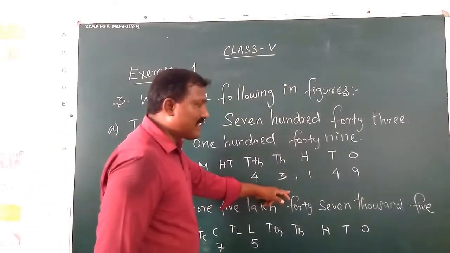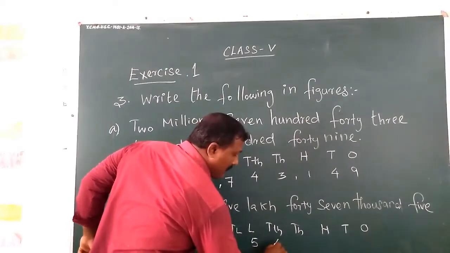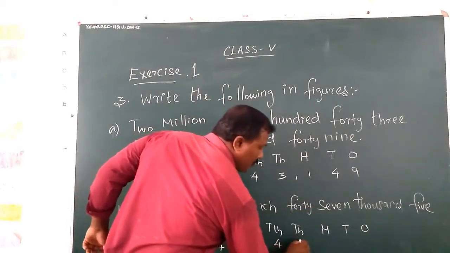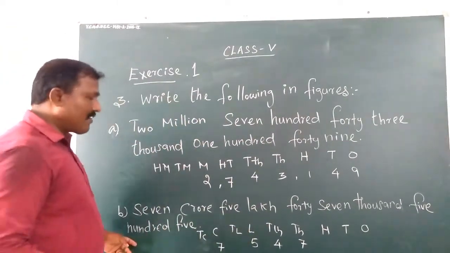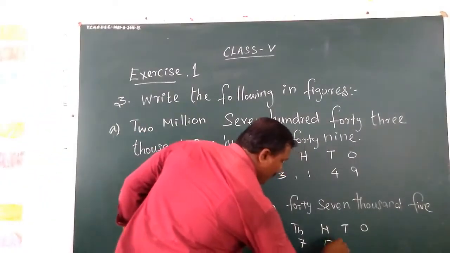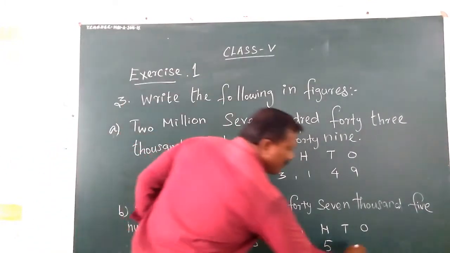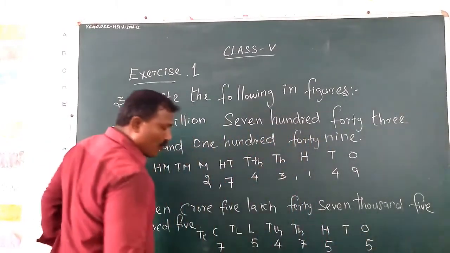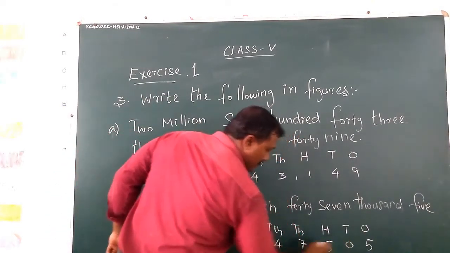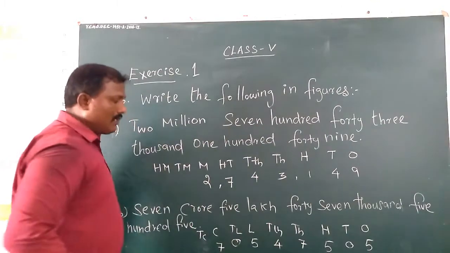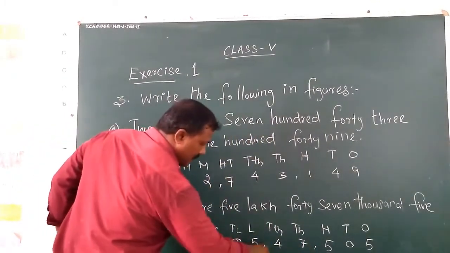Then 47,000: 40,000 goes into the 10,000 place, then 7,000 into the 1,000 place. 500 means 5 in the 100 place. Then 505, 5 is the ones place. Here there is no number, here also there is no number, so put simply 0. This is the numeral form of the given words.